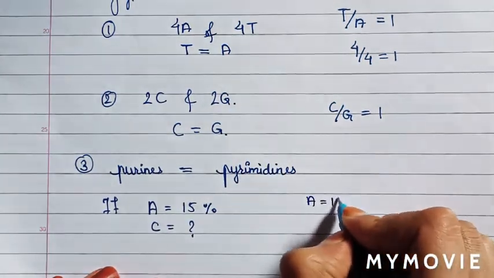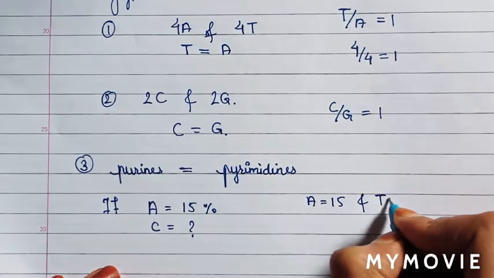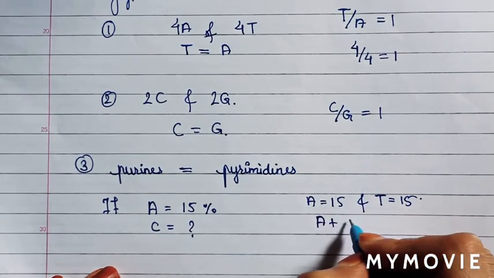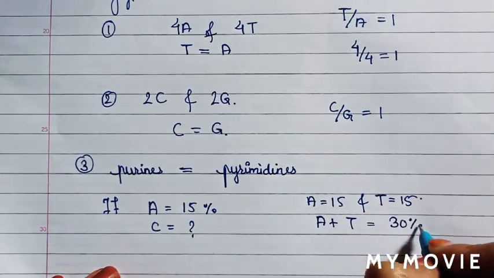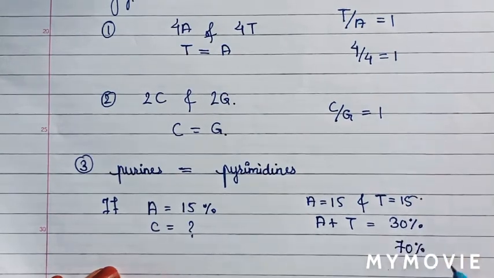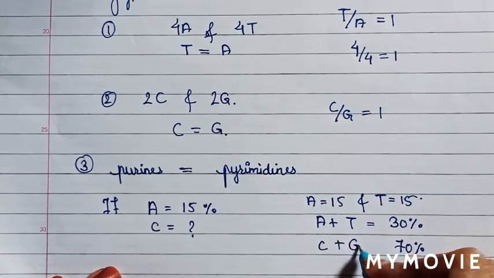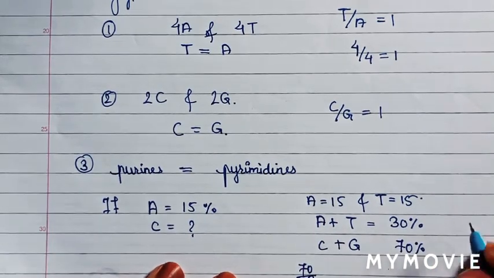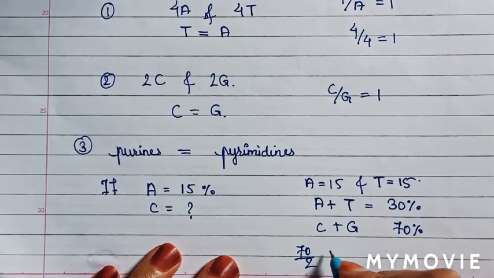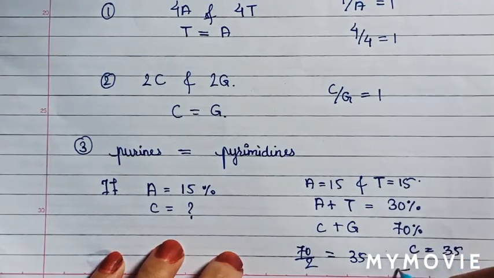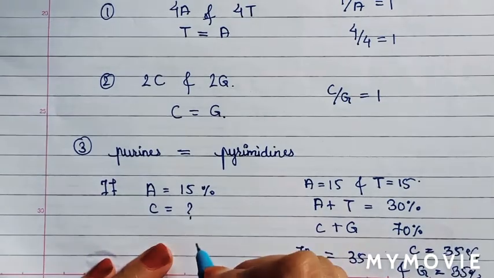So if adenine is 15%, then thymine is also 15%. Adding adenine plus thymine gives 30%. Out of 100, the remaining is 70%, and cytosine plus guanine is equal to 70%. We divide this 70 by 2, which is 35. So cytosine is 35% and guanine is 35%. So you can solve these problems.